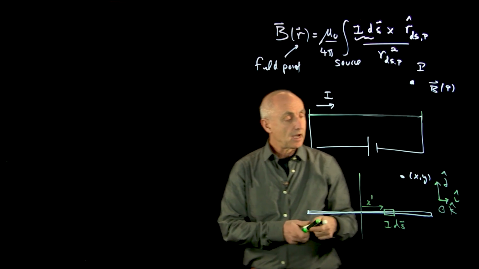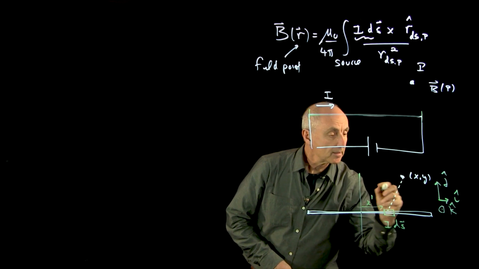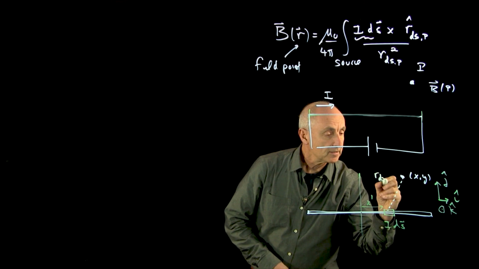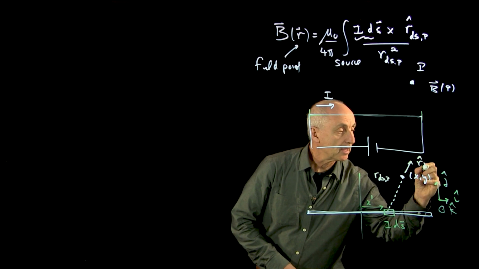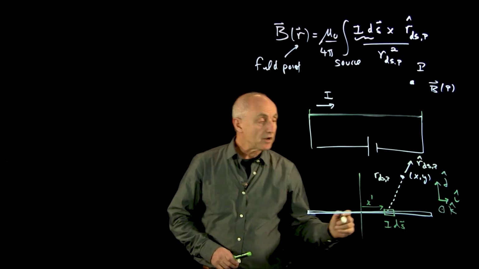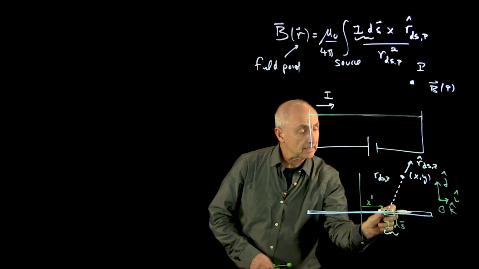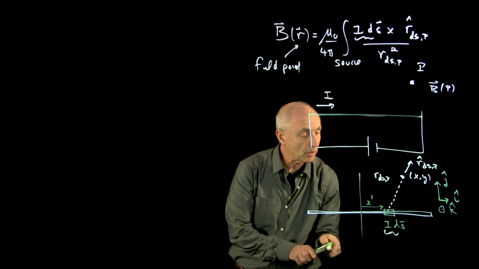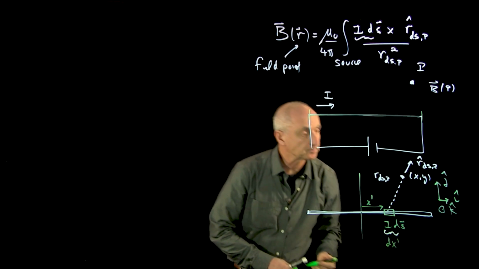And I want to draw the distance. That's our r ds P to the field point, and that unit vector points out. And this is enough. We just still have to relate the length of our source to our integration variable, so we have a dx prime.